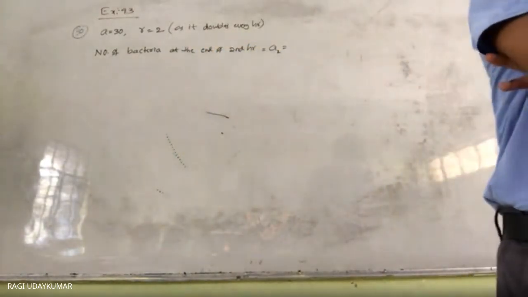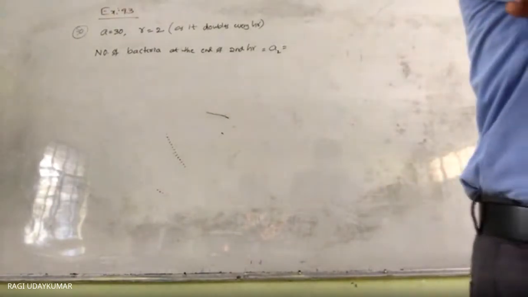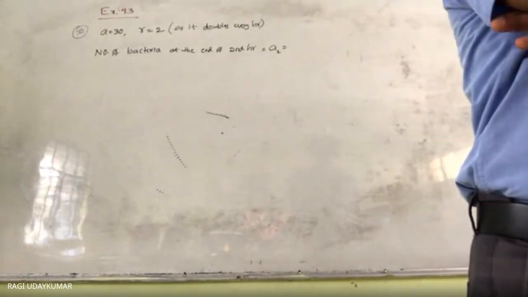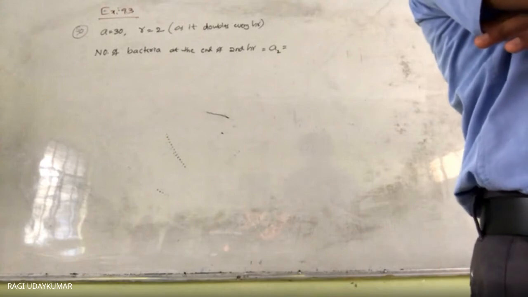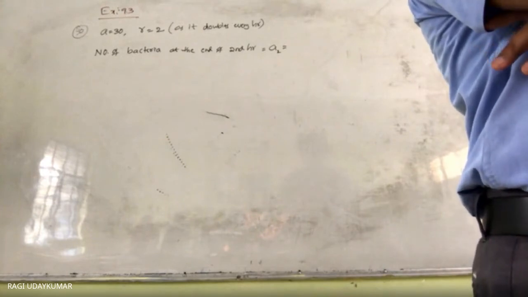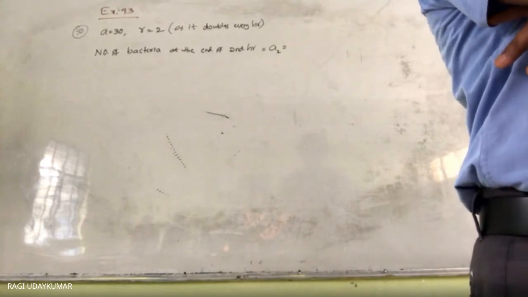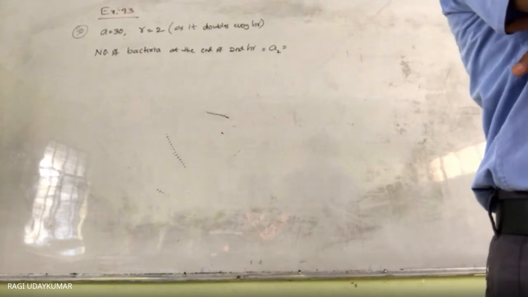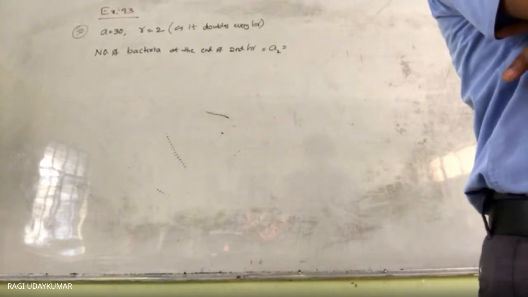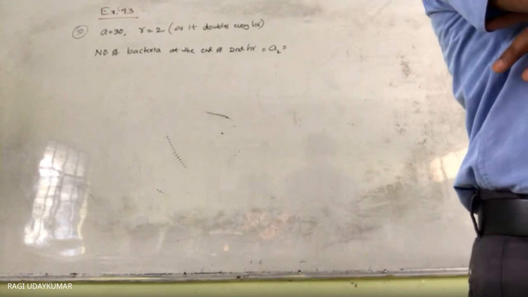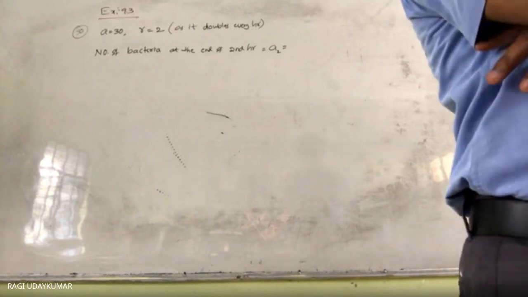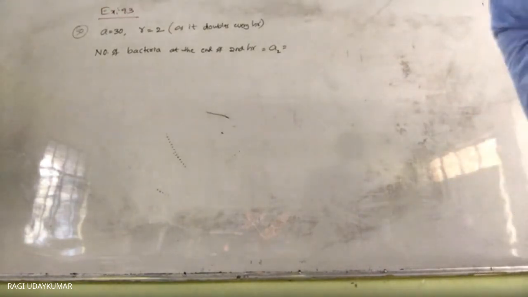So read the question clearly. The number of bacteria in a certain culture doubles every hour, after 1 hour. Now the question is given to you. If there are 30 bacteria present in the culture originally, how many bacteria will be present at the end of the second hour?